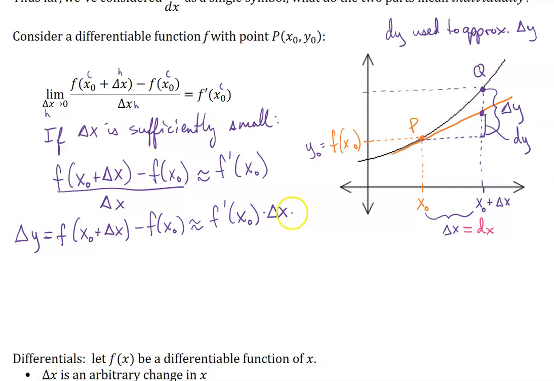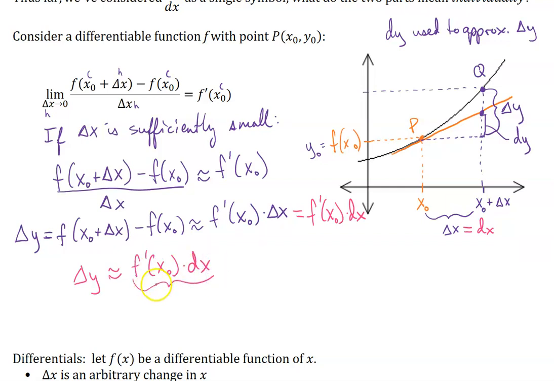Okay, so over here, I'm going to switch that out for a d, and I write this as f prime of x sub 0 times the differential of x. Okay, so now what we have is that delta y is approximately equal to f prime of x sub 0 times dx. So delta y is approximately equal to f prime of x sub 0 times dx, okay?